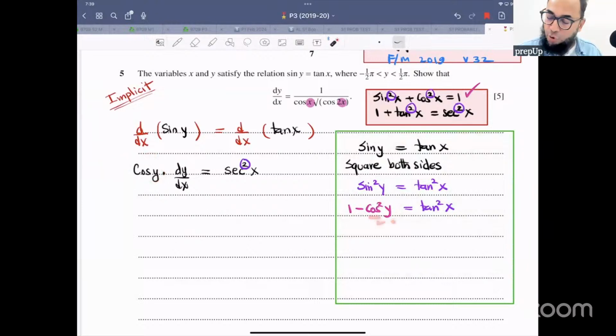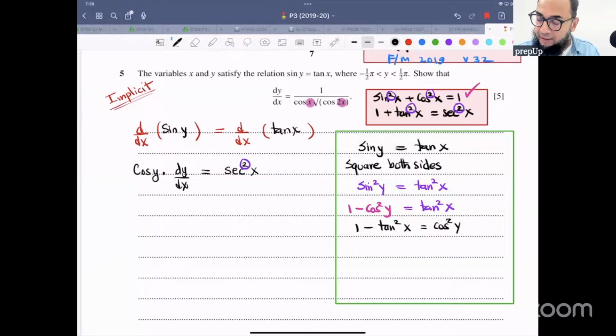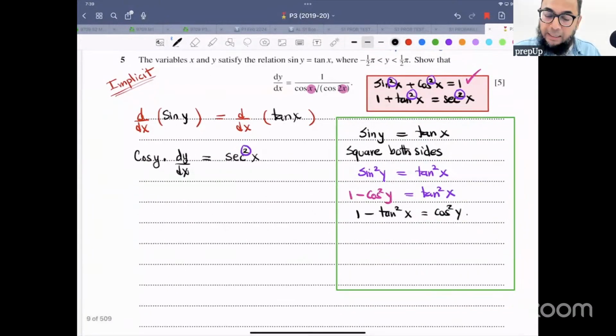We have a cos y over here. So therefore, I can write 1 minus tan square x is cos square y. That is the first thing that is coming to my mind. Now let's draw a box around it.